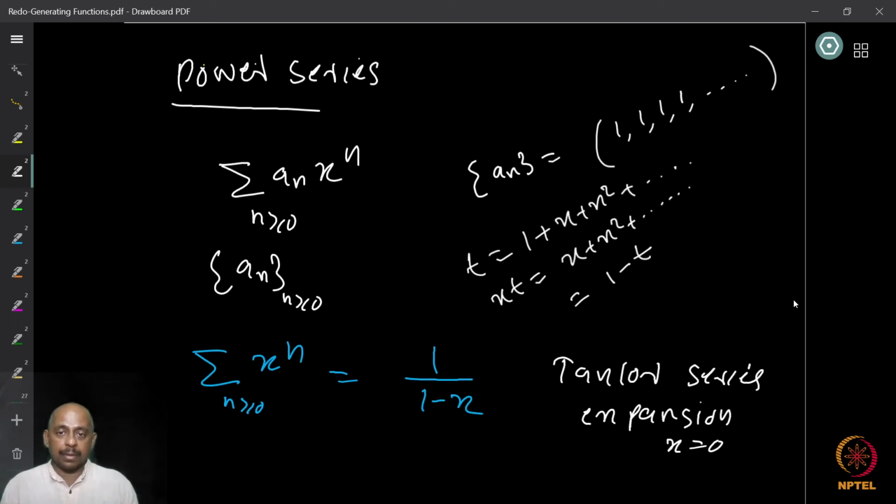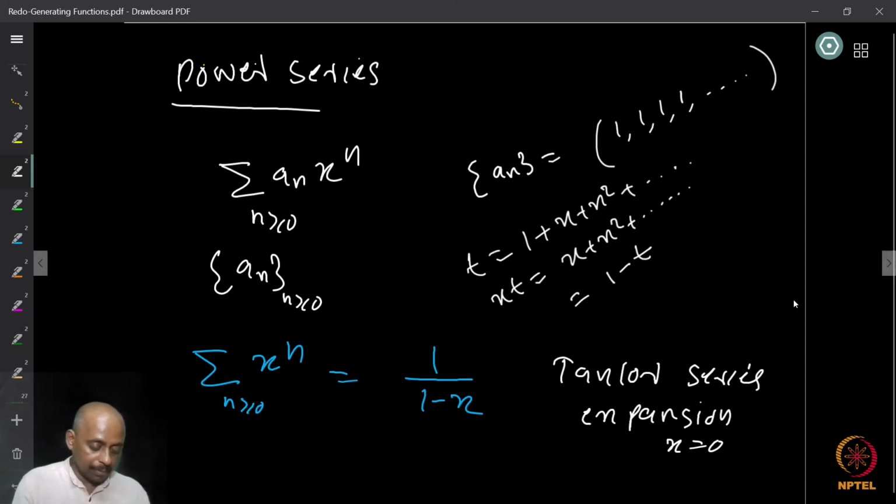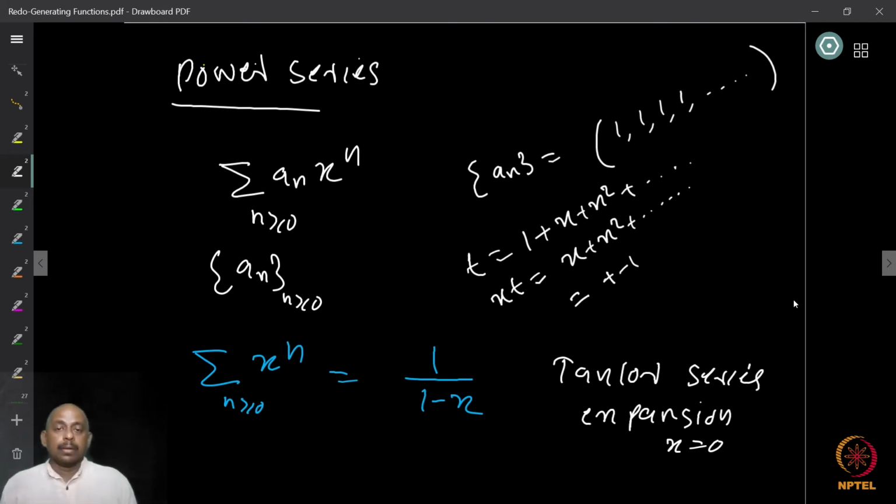So xt is equal to t minus 1. From this, we can find out what is t.